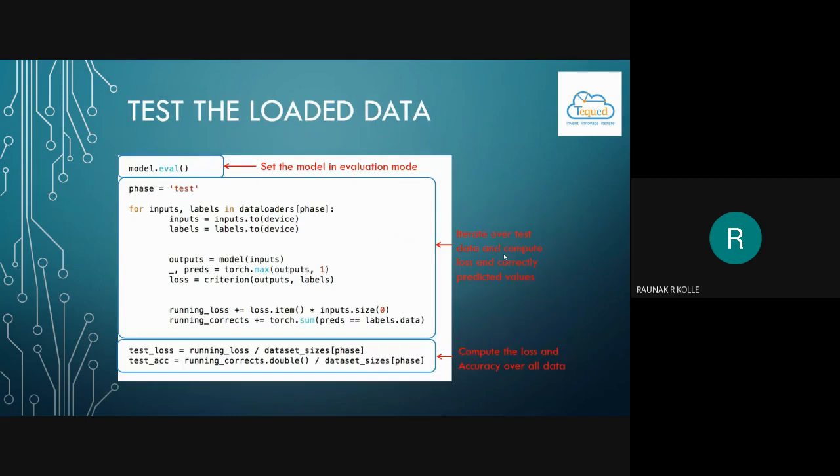Testing the loaded data. We first set the model in evaluation mode, iterate over the test data, and compute loss and correctly predicted values. And then we compute the loss and accuracy over all the data.